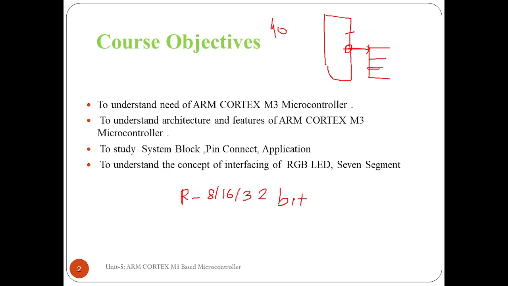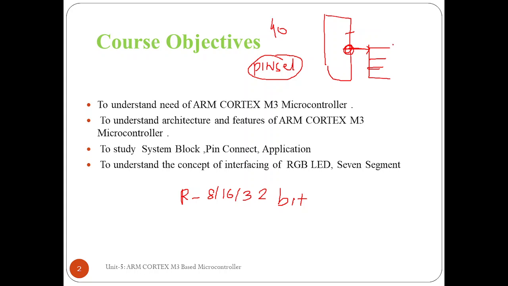Here there is one register, called the pin select register. The pin select register is one of the registers used to select the pin function. There are 3 different pin select registers available. So why do we need the pin select? Because in the architecture it is mentioned that one pin can be used for different applications.